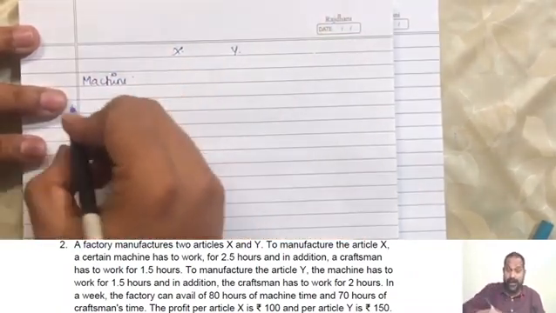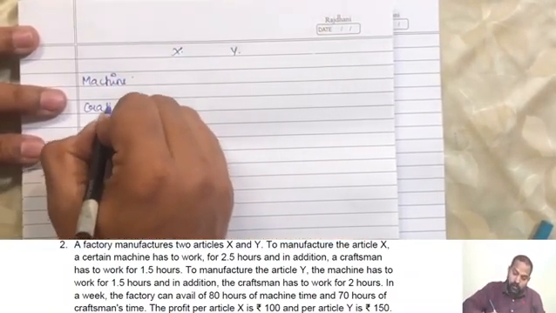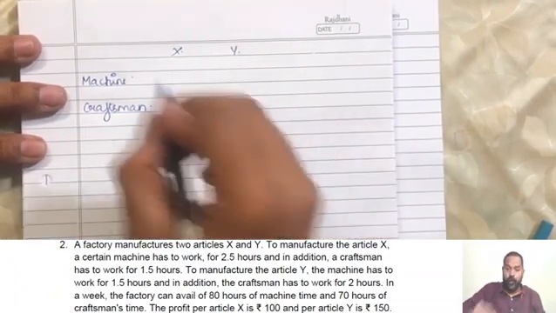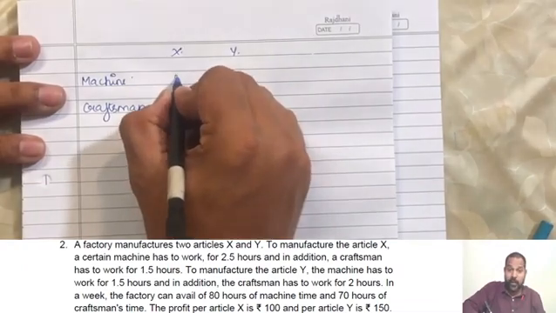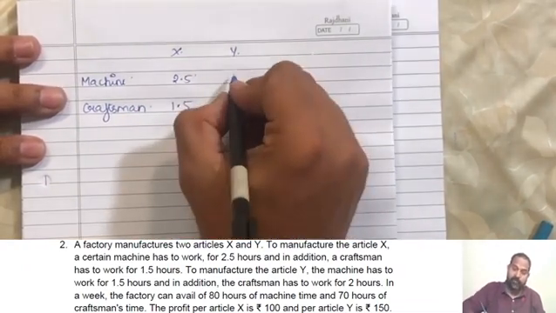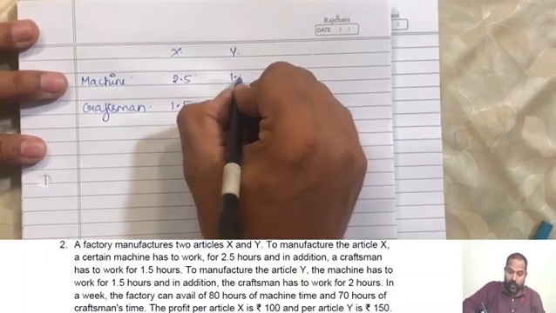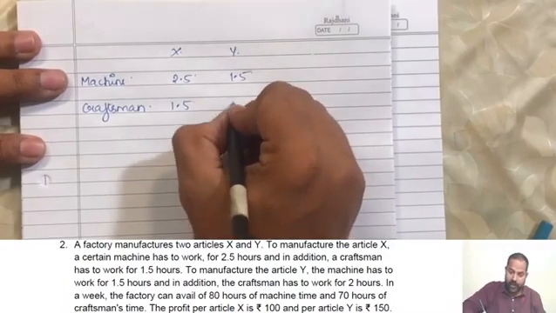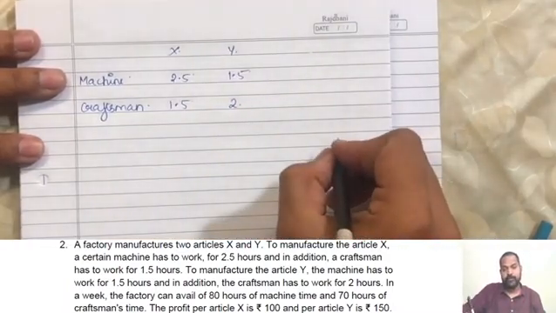And along with that, I want a craftsman to work. One article of x requires 2.5 hours on the machine and 1.5 hours for the craftsman. One article of y requires 1.5 hours on the machine and 2 hours for the craftsman.